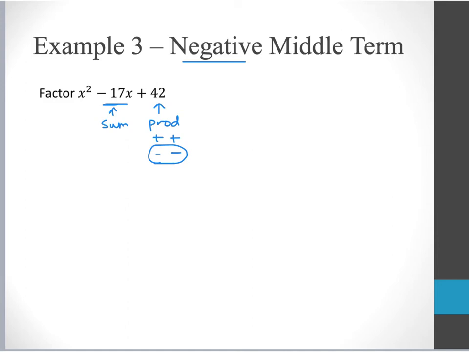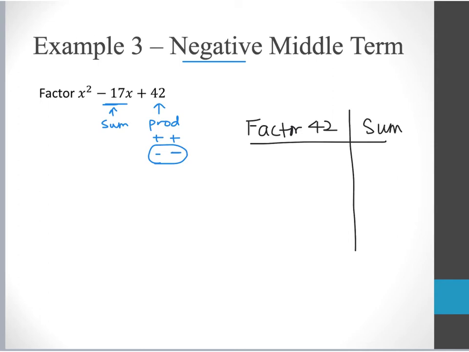But I am going to start with the same process. I'm going to create a table that says factors of 42, and then I'm going to look at their sum so I know which factors I'm going to pull from. So factors of 42, I'm going to start out with 1 and 42, and sorry, both of these are negative, don't forget.